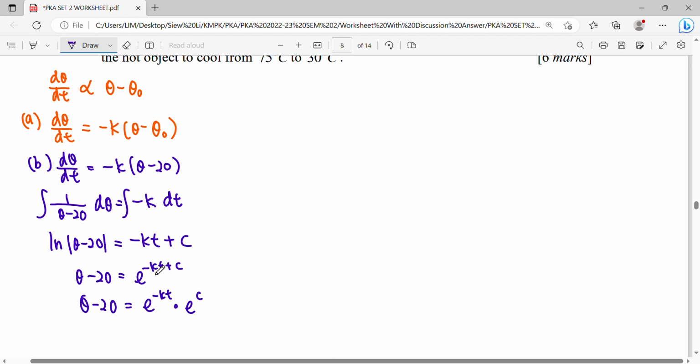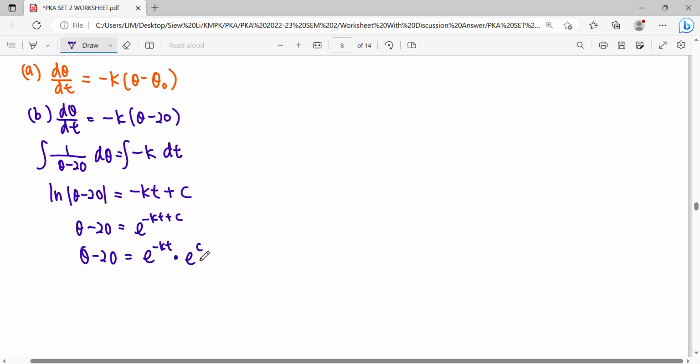When you have a power of plus, it means your bases are multiplied: e to the power of negative kt times e to the power of c. This e to the c is a constant, so we simplify and denote it as A. Lastly, θ equals A e to the negative kt plus 20, the general solution.